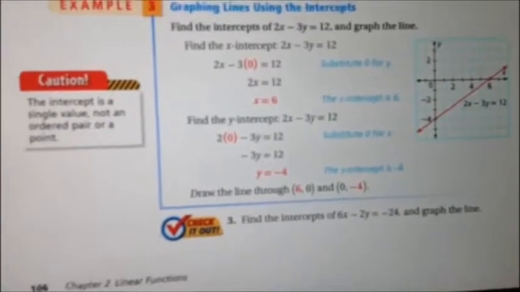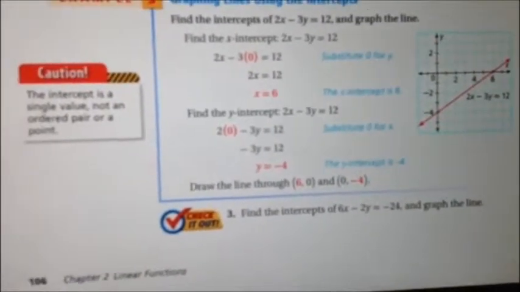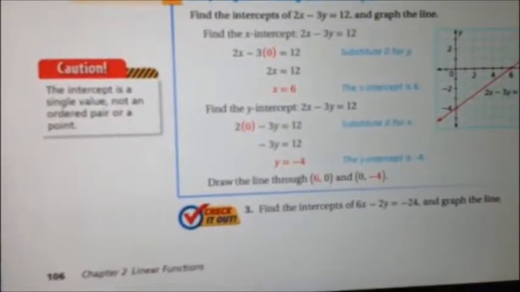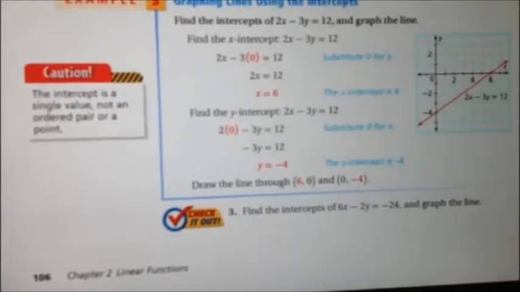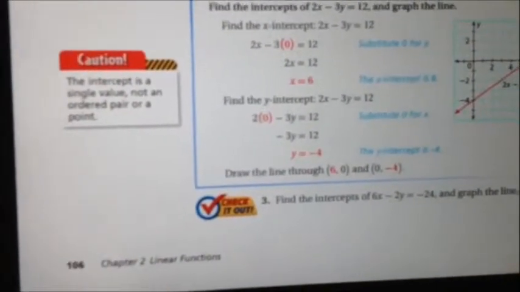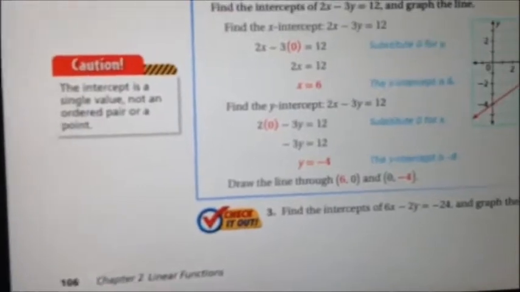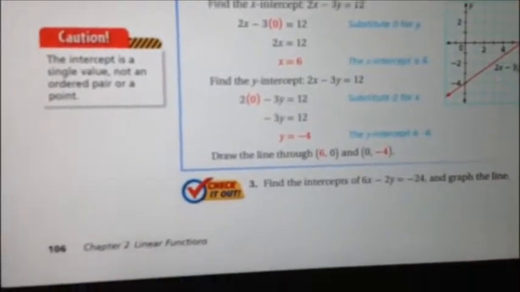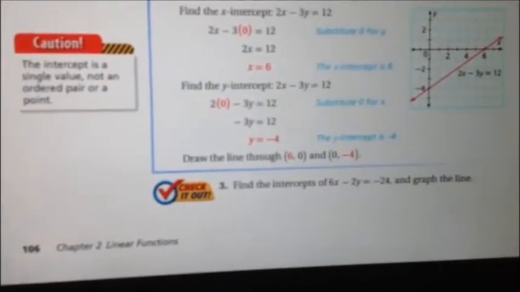So therefore, if you divide 12 over 2, you have 6, so the x-intercept is 6. And then to find the y-intercept of 2x minus 3y equals 12, you have 2 times 0 minus 3y. Negative 3y equals 12. And you divide 12 over -3, and you have -4. So the y-intercept is -4.